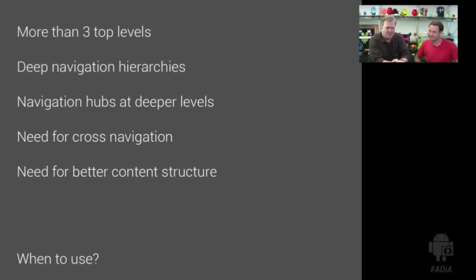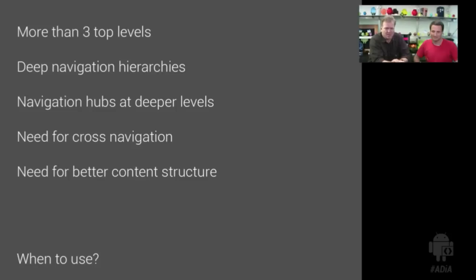So if you wanted to look at when to use the navigation drawer as opposed to the other patterns that we talked about earlier, here are some helpful guides that can help you make this decision.